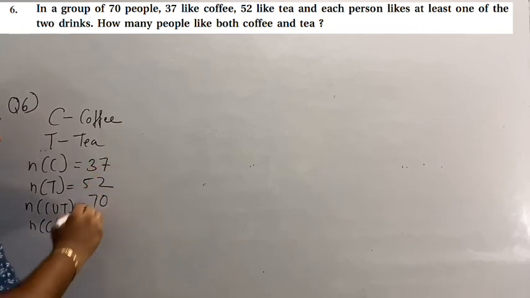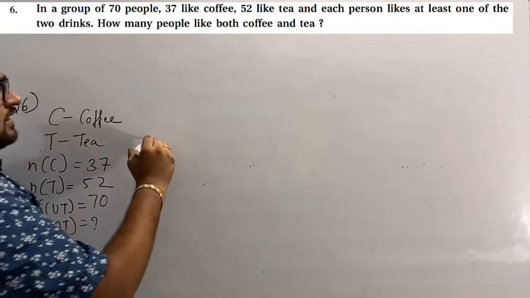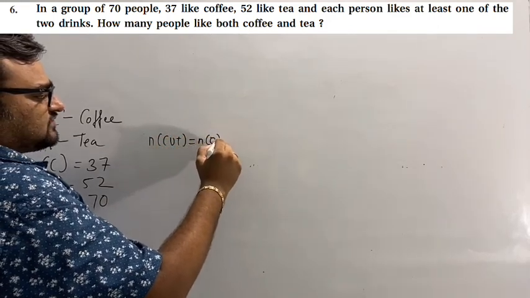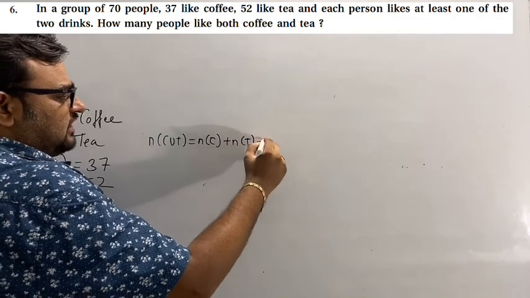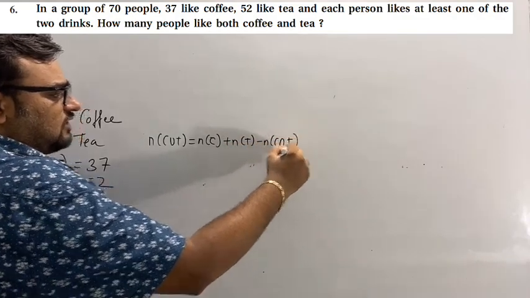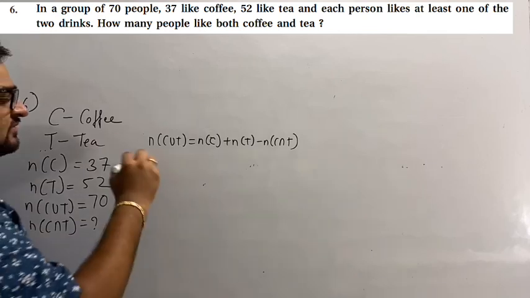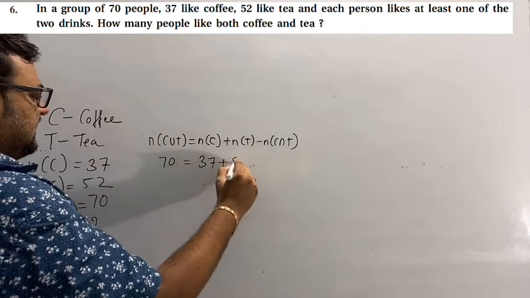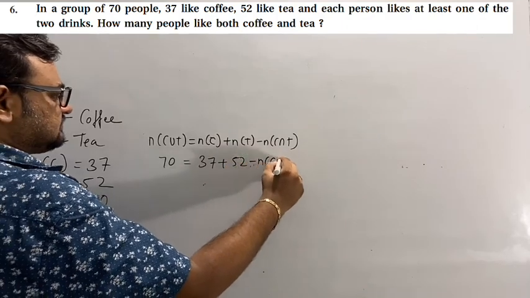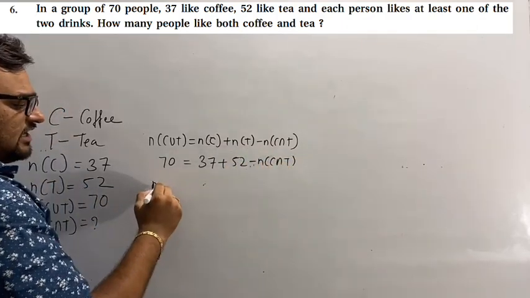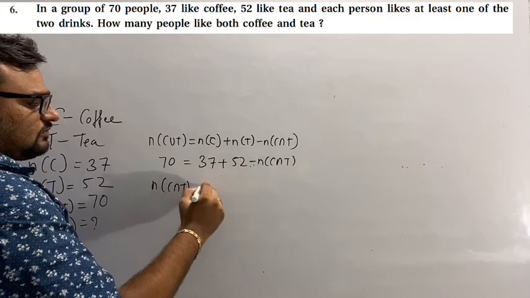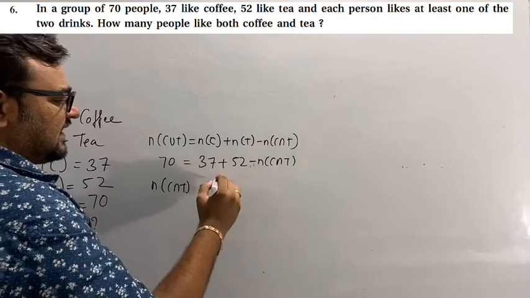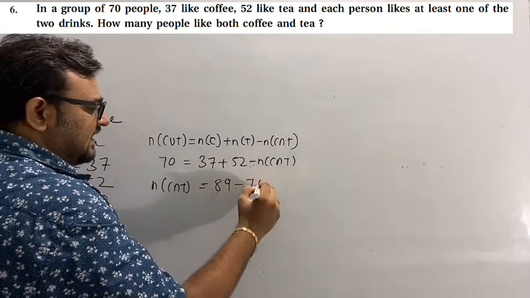So intersection. Again the same formula: n of C union T equals n of C plus n of T minus n of C intersection T. So C union T is 70, coffee 37, tea 52, minus, when it comes to this side, it will be plus. 37 plus 52, that will be equal to 89, minus 70.